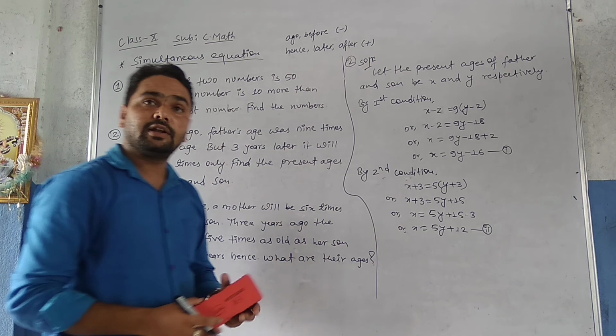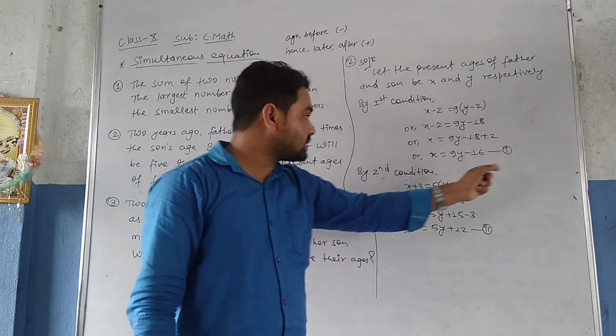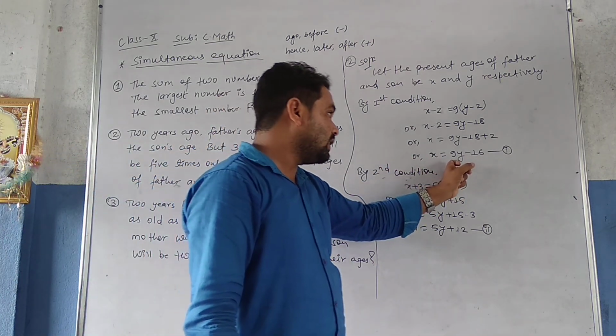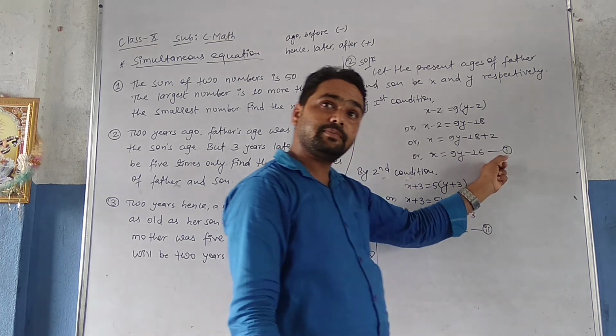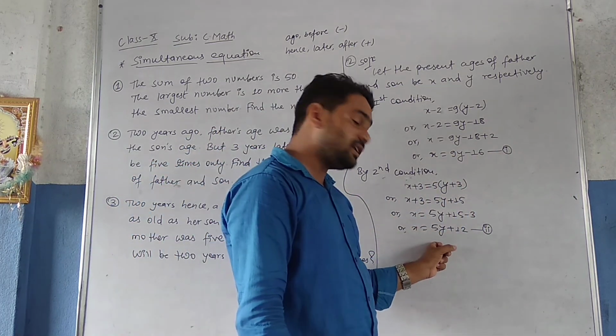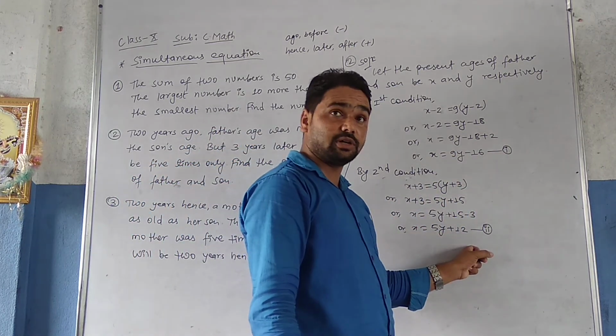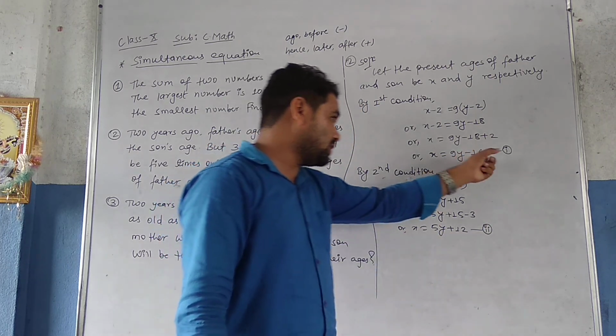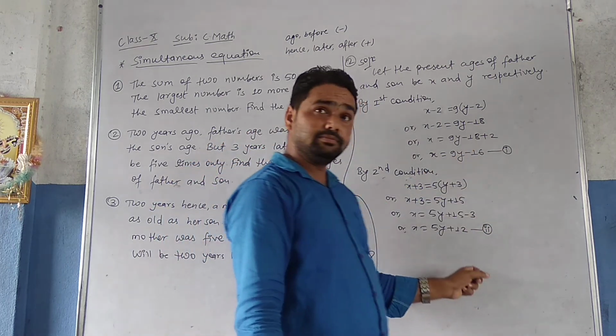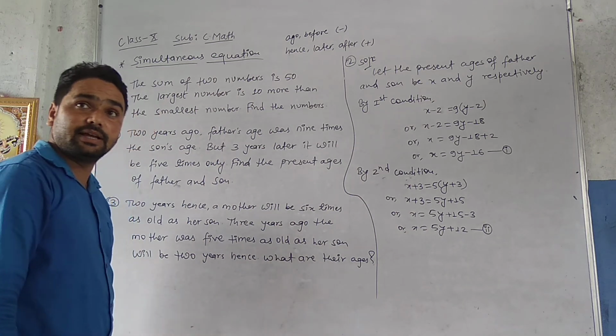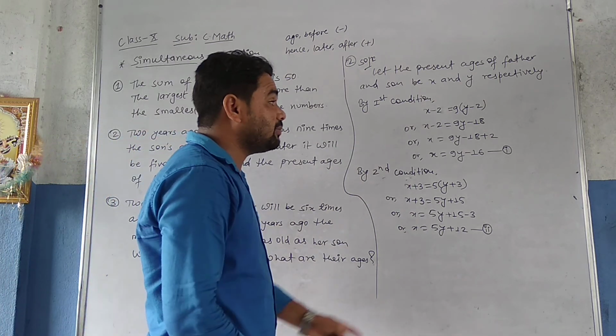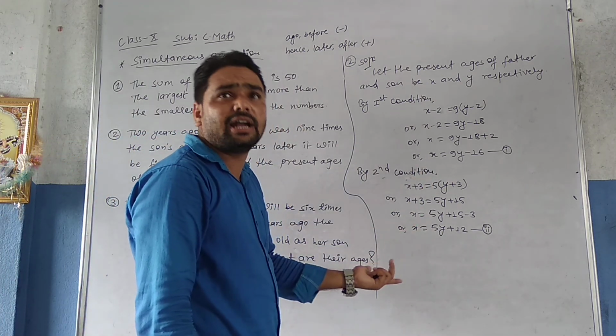Now look at that. In equation first, x equals 9y minus 16, and in equation second, x equals 5y plus 12. That means in first also, in second also, we get the value of x. So we can equate them. x equals x, that is obviously equal.